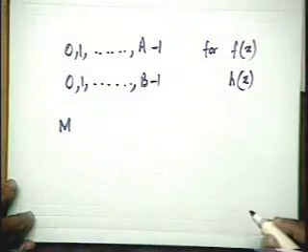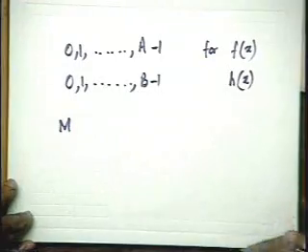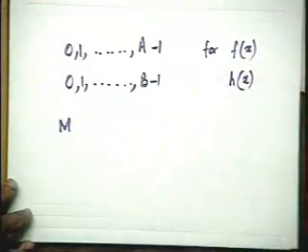Let us say that period is equal to capital M, and we are going to have both f of x and h of x as periodic functions having capital M number of samples.